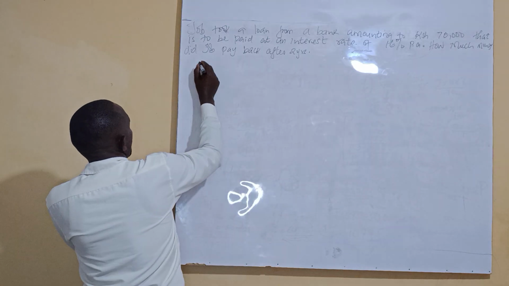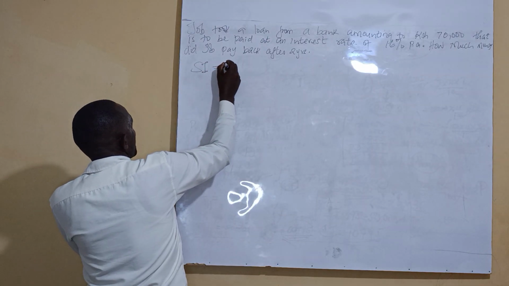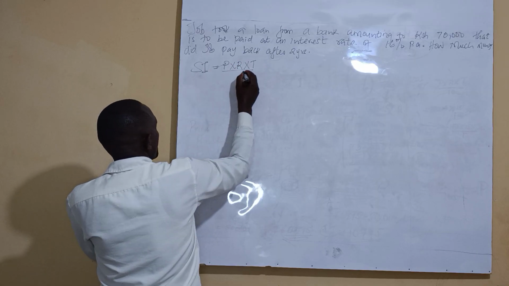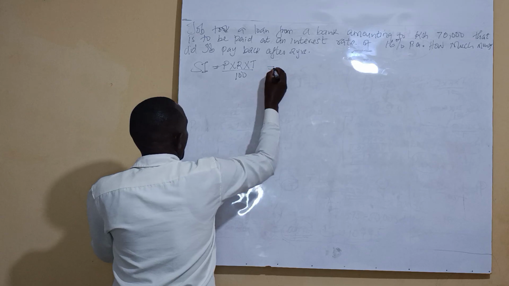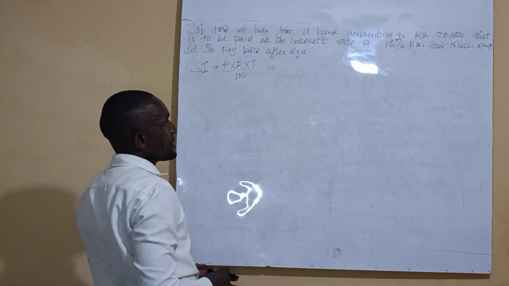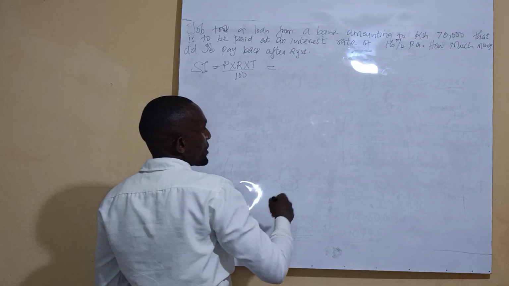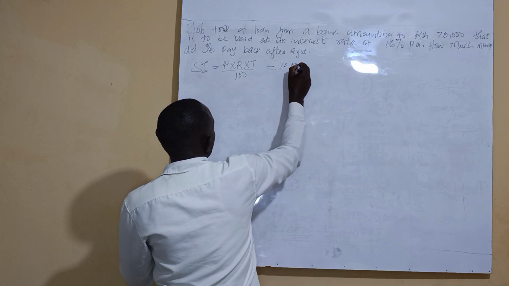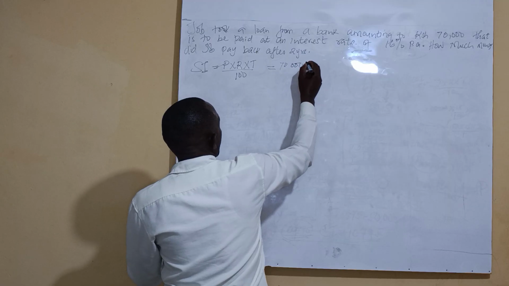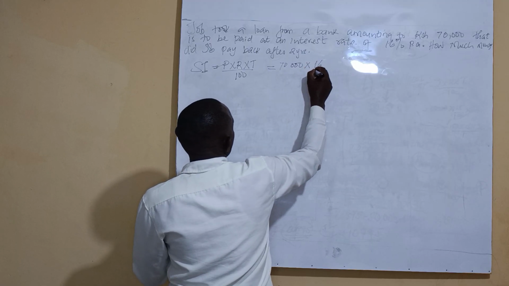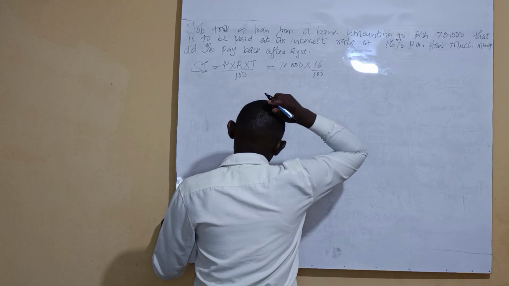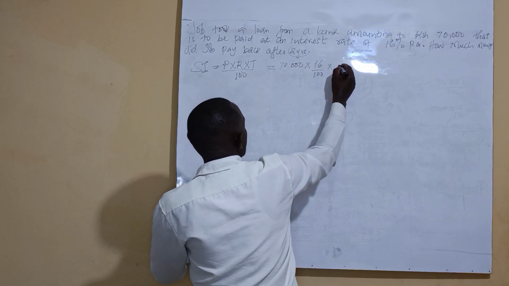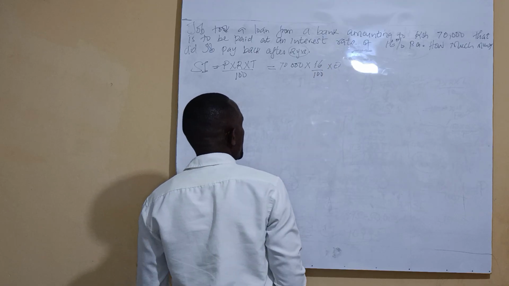We said that simple interest is equal to principal times rate times time, all over 100. I'm just rushing because we have already done this, so it is going to be 70,000, which is the principal, multiplied by the rate, which is 16%, then multiplied by the period, which is 2 years. So multiply by 2.